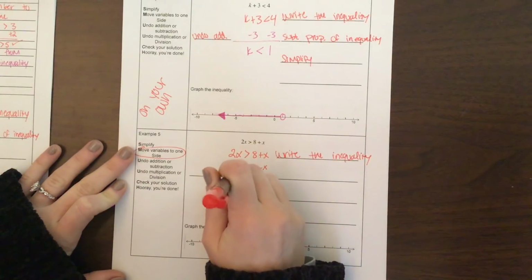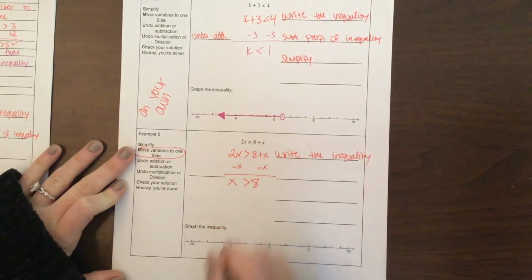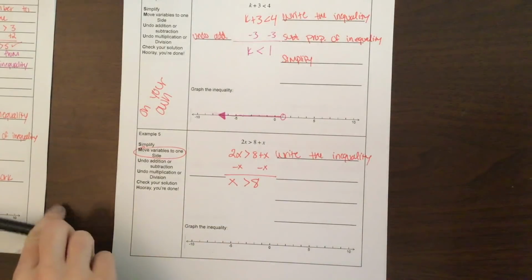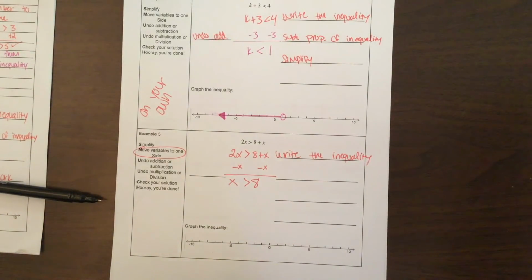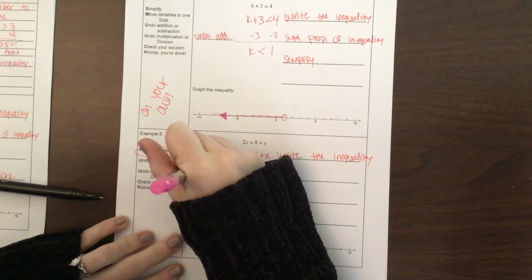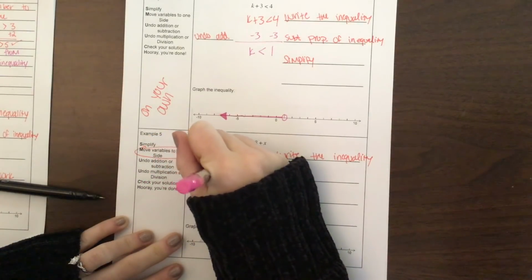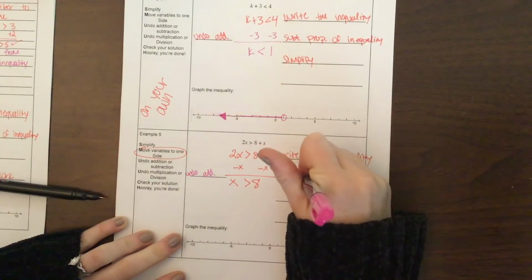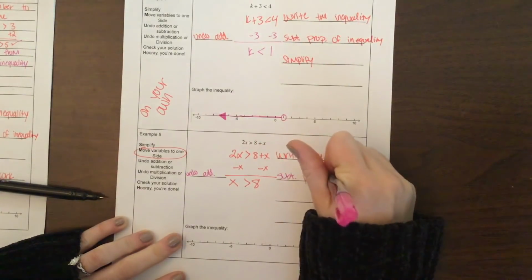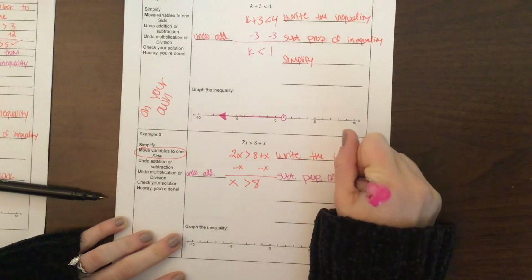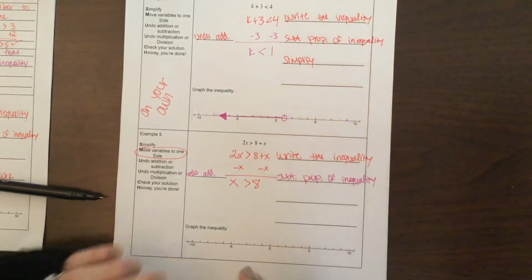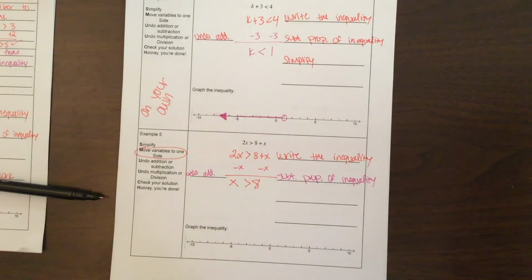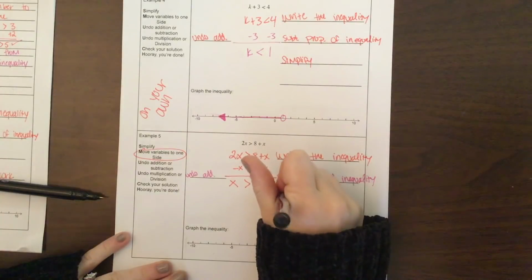And I'm left with 1x is greater than 8. So those steps were undoing addition and the subtraction property of inequality. And then this step right here is simplifying.